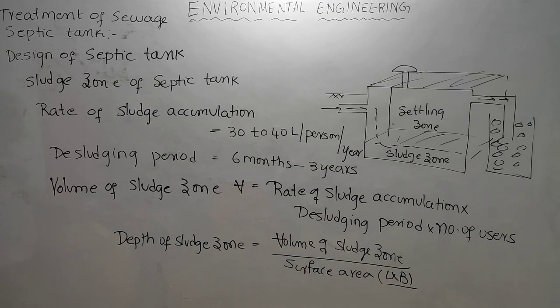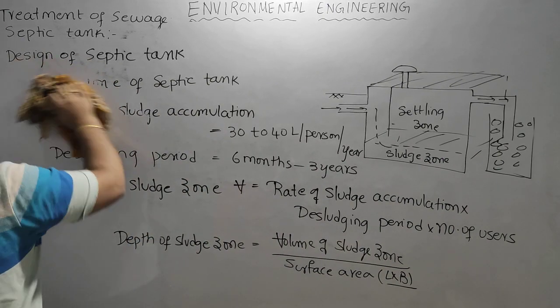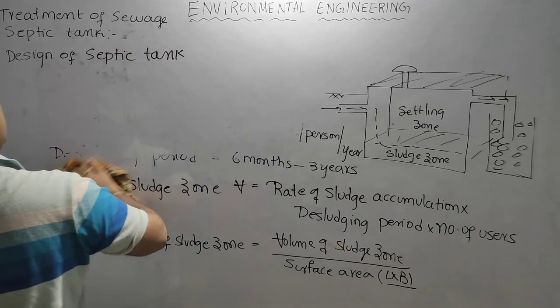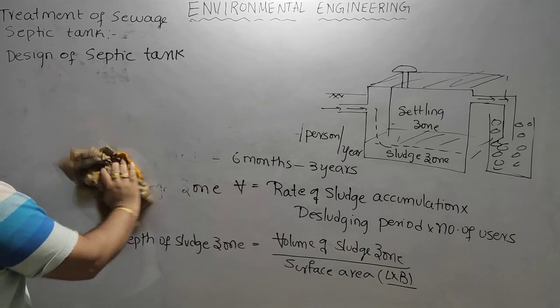There is another tank called the Imhoff tank. So this is all about the septic tank. Generally, the effluent that goes out, I already told you, we will send it into the soak pit or into the dispersion trenches. Let us briefly know what is meant by a soak pit, what the dimensions of the soak pit are, what is meant by a dispersion trench, and what its dimensions are.